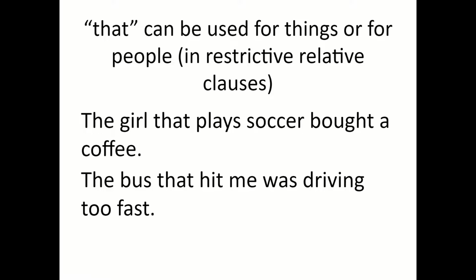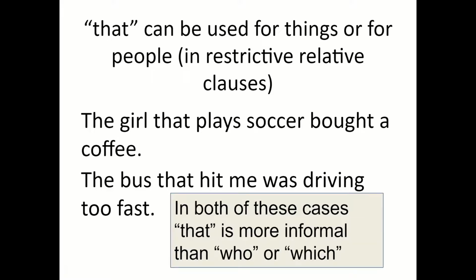It can be used for people or things. Now, in both of these cases, that is more informal than who or which. So if we say the girl who plays soccer, it's a little bit more formal. That is a little bit more informal. The bus which hit me is a little bit more formal. That is more informal.